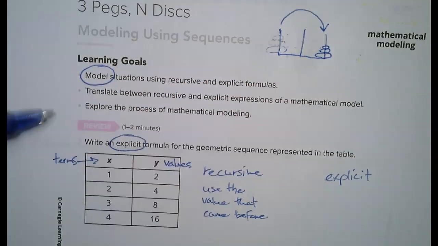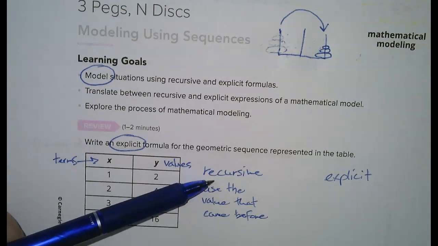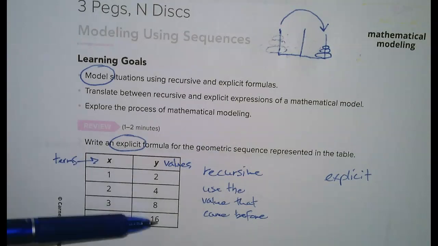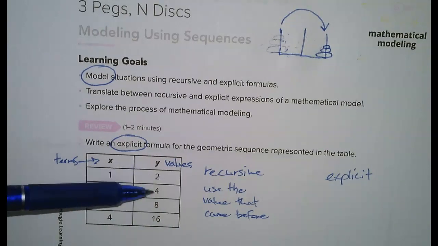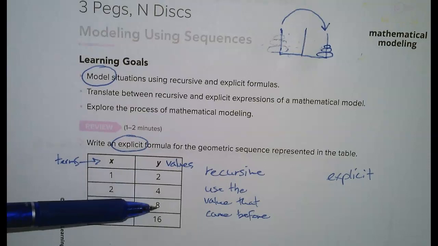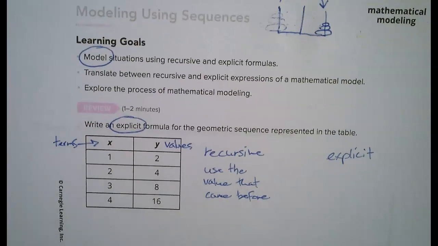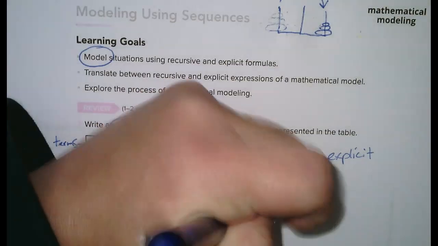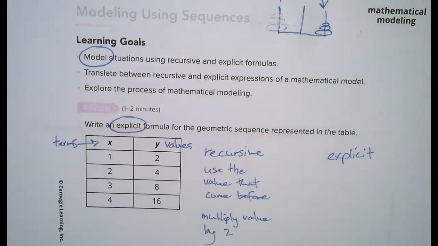So for example, if you're looking at recursive patterns or sequences, you're looking at this column by itself. And you're saying, how do you get from this number to this number to this number to this number? And the way we could explain that in English is we could say multiply the value by 2, right?